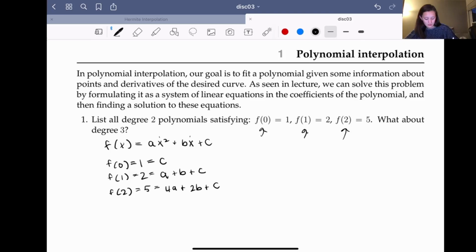Okay, so if you've taken any linear algebra, then you'll know that you can just solve for a, b, and c using this system of linear equations. So I'm just going to do this by substitution. So we know from the first equation that c equals 1. So I'm going to rewrite the second, and I'm going to rewrite the third.